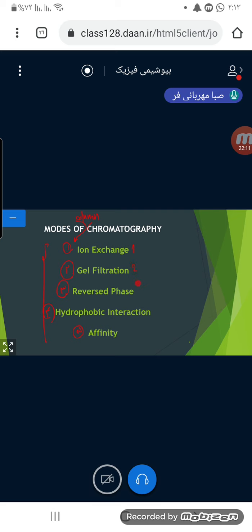So these are the most important column chromatography that we have.